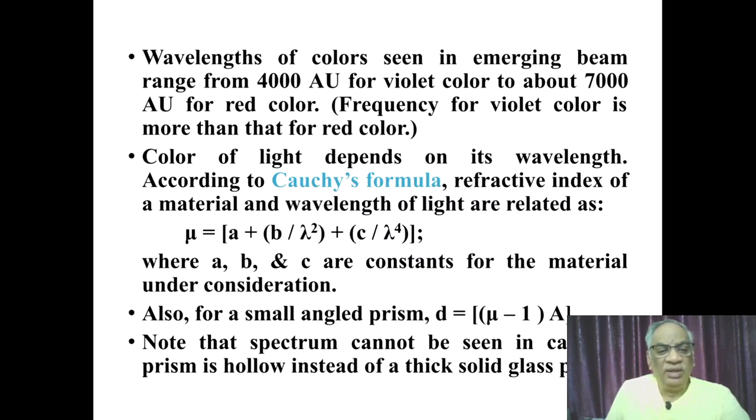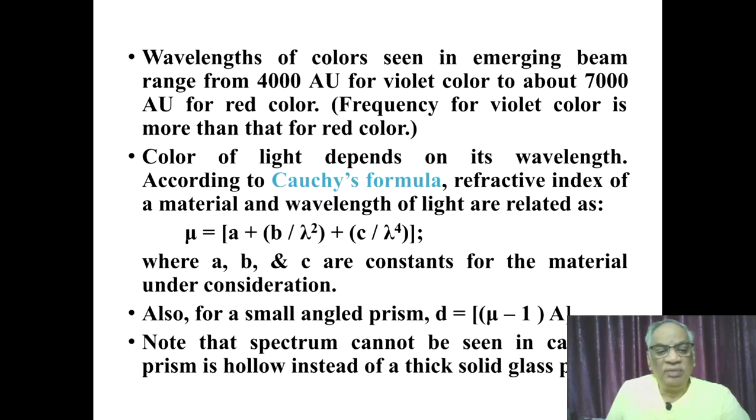Color of light depends on its wavelength. According to Cauchy's formula, refractive index of a material and wavelength of light are related as refractive index mu is equal to A plus B by lambda square plus C by lambda to the power of 4, where A, B and C are constants for the material under consideration.